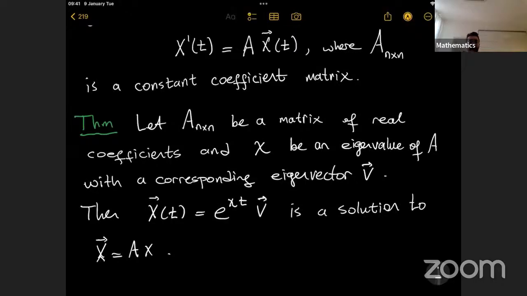This is a nice theorem because it says how to find the solutions. We need an eigenvalue and an eigenvector, and then this vector x is a solution to this system.